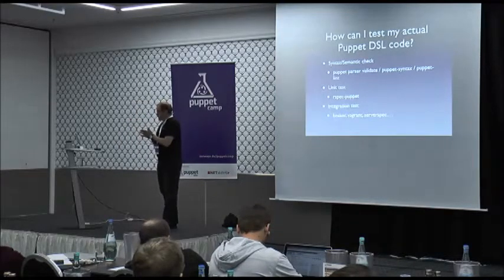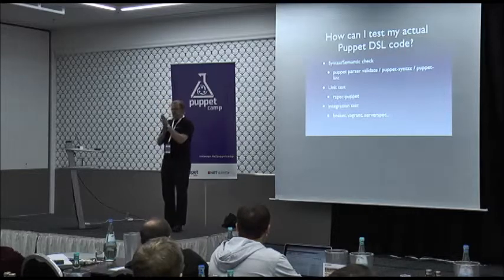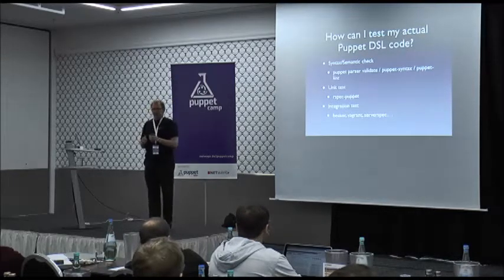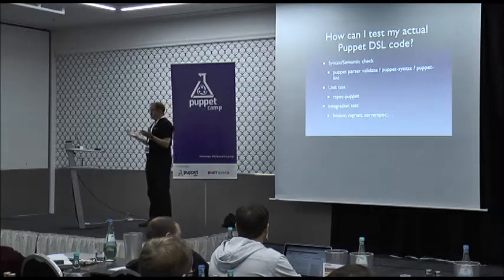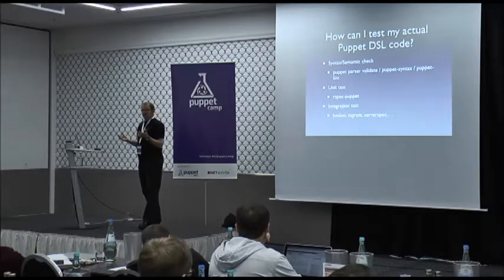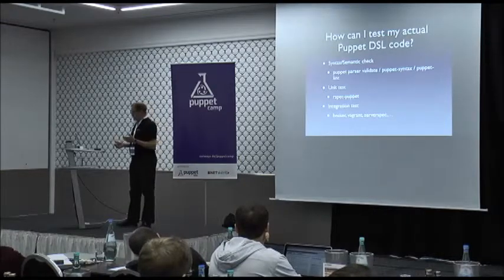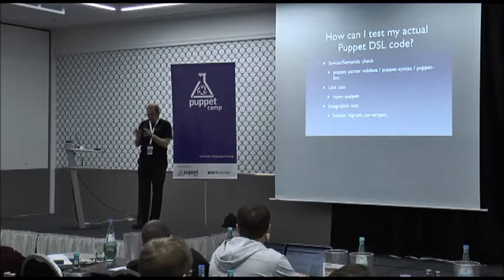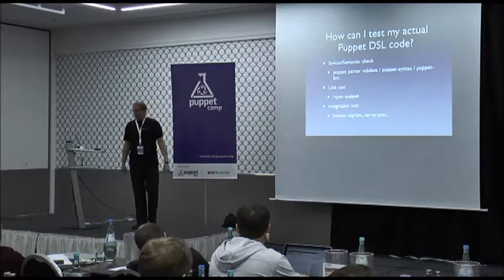Puppet-lint will show you a warning when you don't have the equal sign within a type declaration aligned properly. It will throw a warning when you are doing inheritance from another class. I suppose it even throws an error on that one. So this is the first thing, just checking whether semantic and syntax is correct.